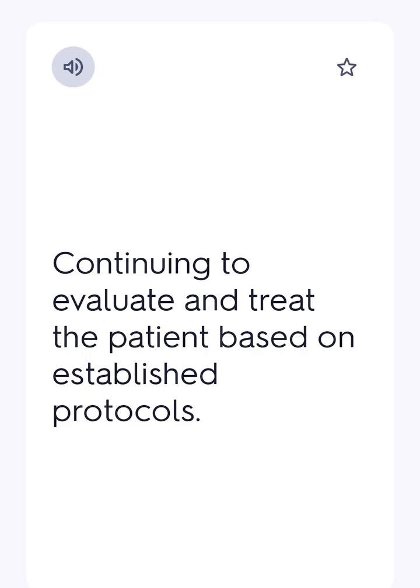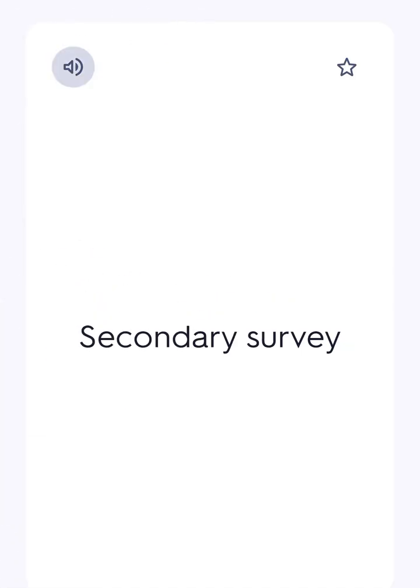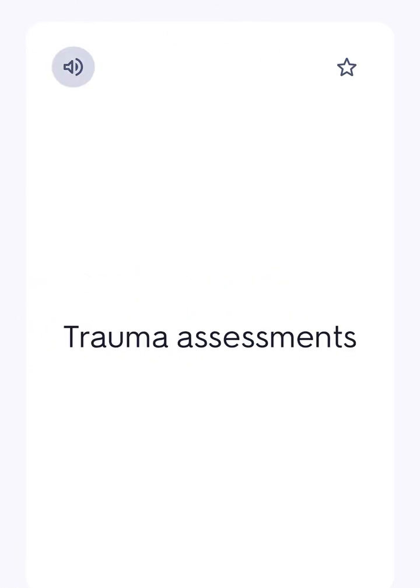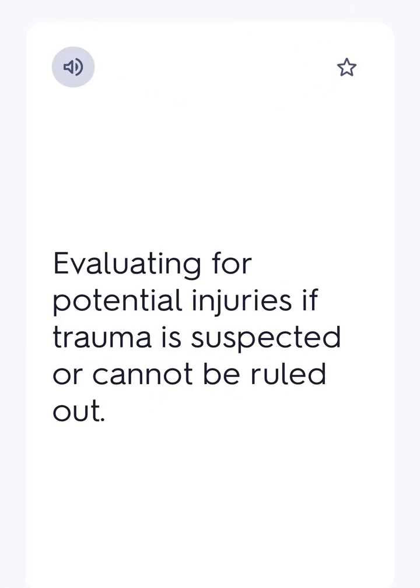Continuing to evaluate and treat the patient based on established protocols. Secondary survey. Comprehensive assessment of the patient from head to toe. Trauma assessments. Evaluating for potential injuries if trauma is suspected or cannot be ruled out.